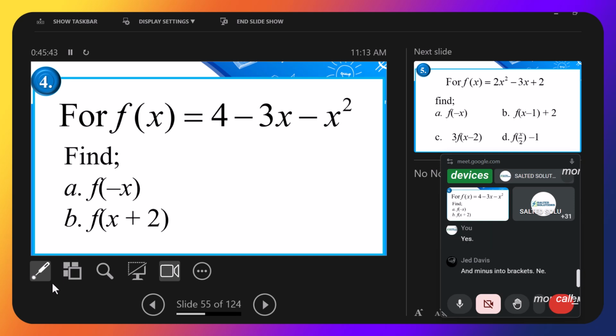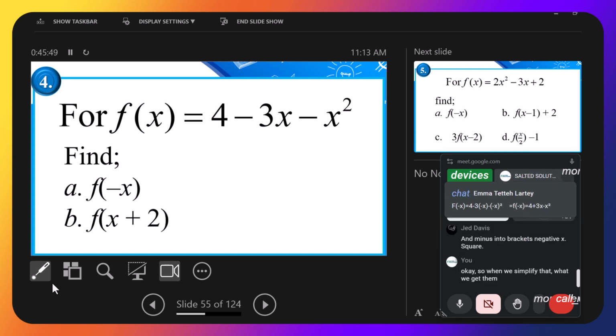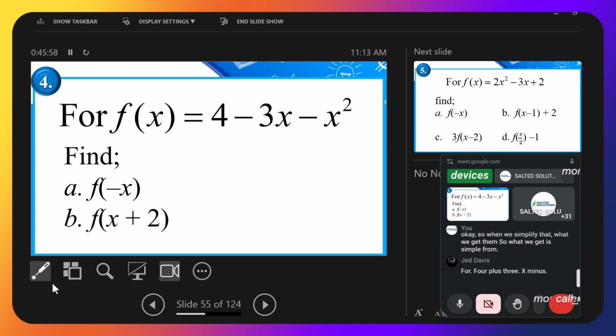Okay, so when we simplify that, what do we get then? 4 plus 3x minus x squared. That's 4 plus 3x minus x squared.